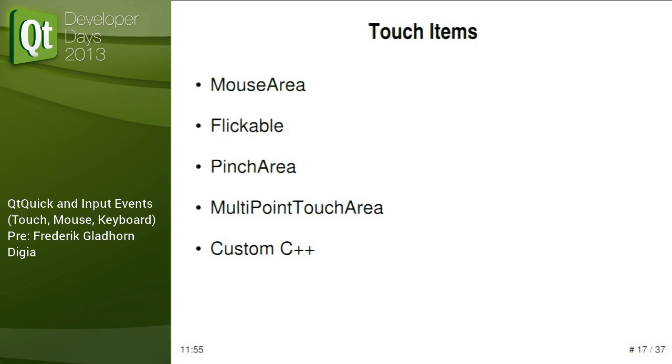And we had a lot of discussions about how we best accommodate this, because creating a new single point area or something didn't seem right. There's so much legacy code. So MouseArea is maybe not the perfect name for it, but it's the element that handles a simple single press. Flickable is the same. Then we have PinchArea and MultiPointTouchArea, and of course you can again implement your custom items.